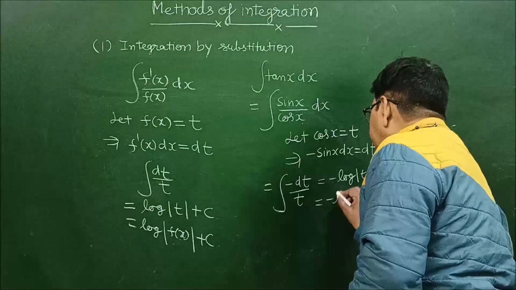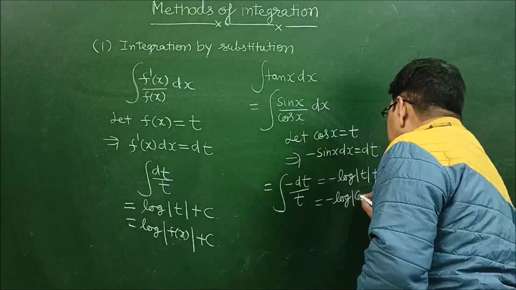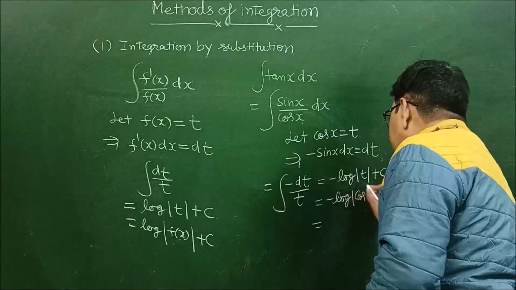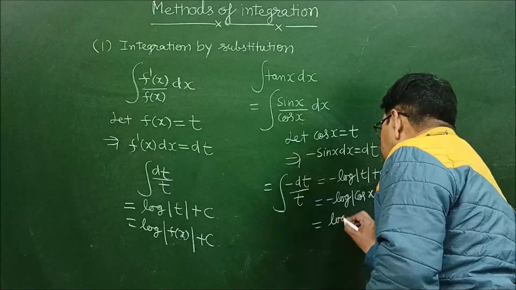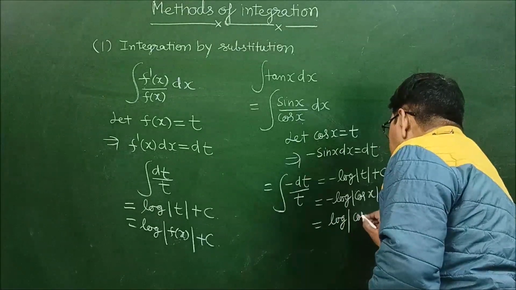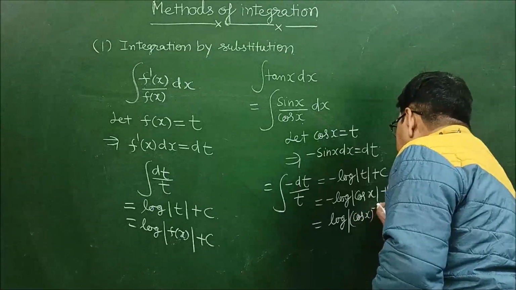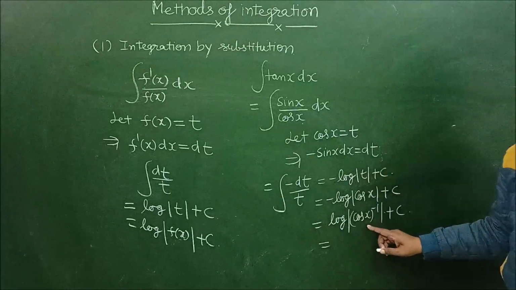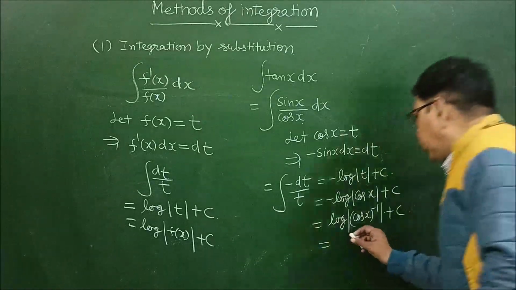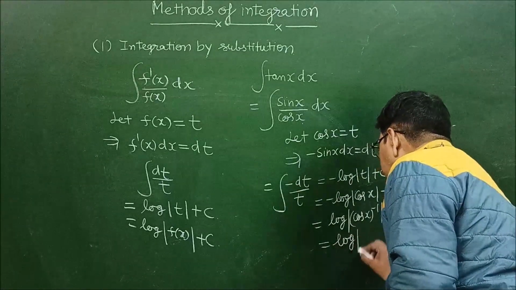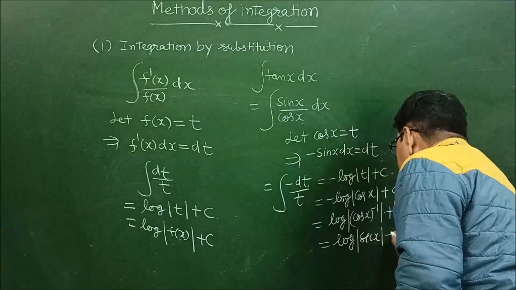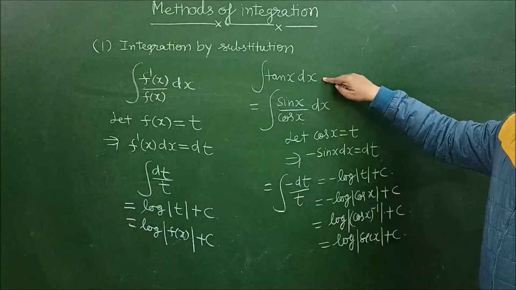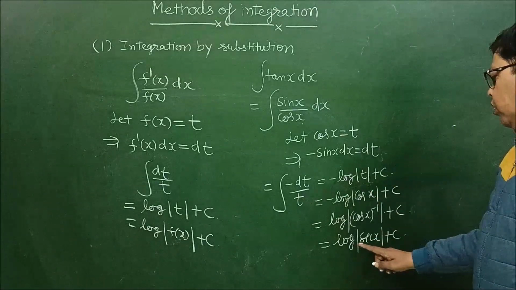So this is equal to minus log mod cos x plus c, or if I bring this minus sign inside, then log of cos x raised to the power minus 1 plus c, which is equal to log of 1 upon cos x, and log of 1 upon cos x means log of mod sec x plus c. So the integration of tan x dx is equal to log of sec x plus c.